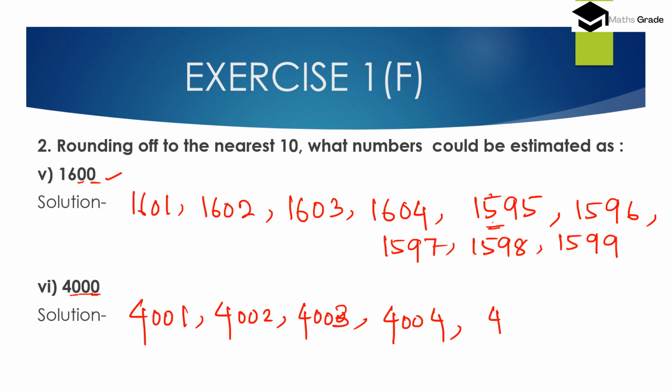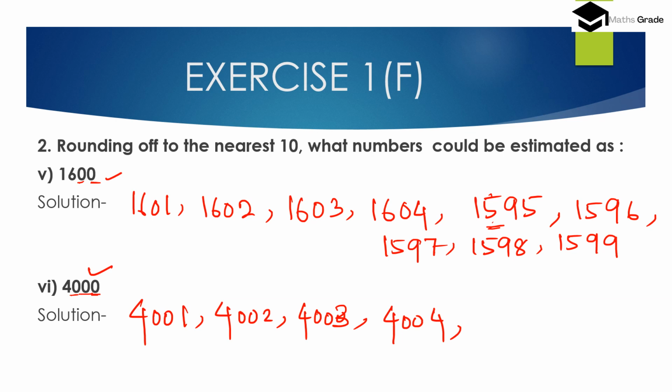If we use 4005, then the unit place digit is 5, which is equal to 5, so we have to add 1 to the tens place digit, that will be 0 changes to 1, then it will be 4010. Here 4000 is given, so this is incorrect.